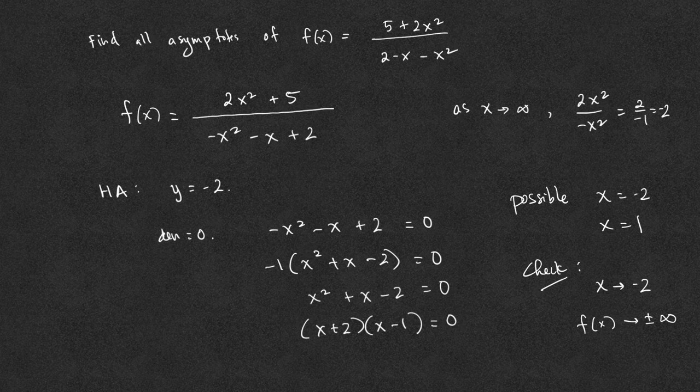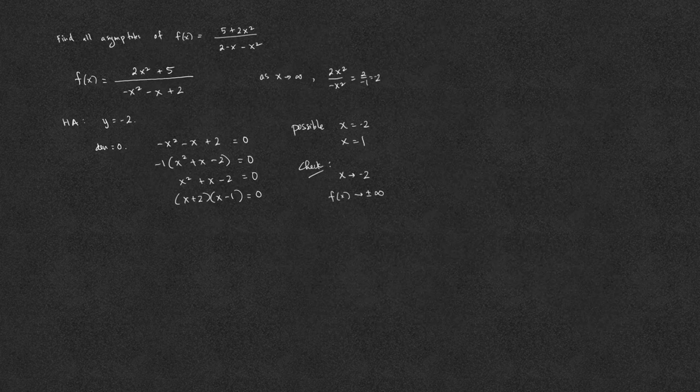To check if x equals negative 2 is a vertical asymptote, we draw a number line, label x equals negative 2, and we check the numbers that are close to negative 2, but not negative 2 itself.